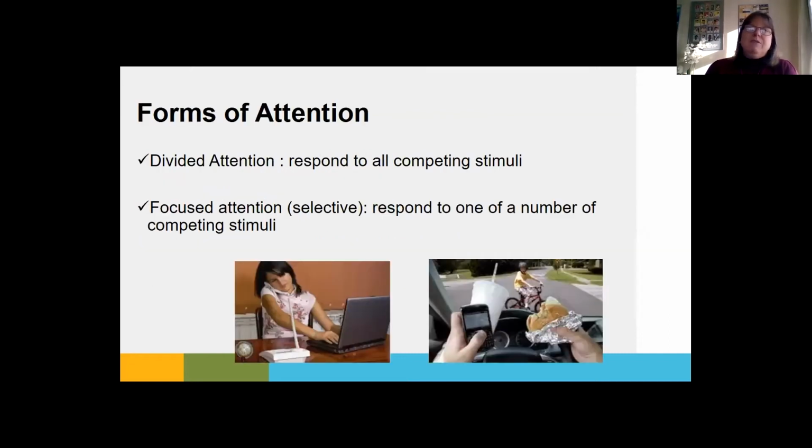We also have different types of attention, and this again is something that you'll recognize from your day-to-day life. Divided attention is where we're trying to respond to all sorts of different competing stimuli at the same time.